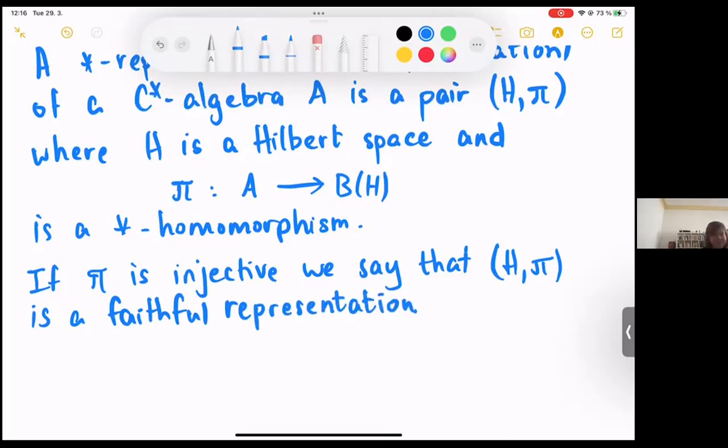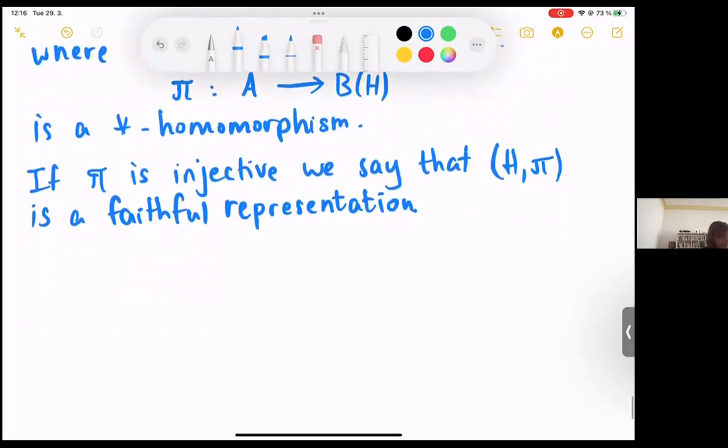So then the observation is that if A admits a faithful representation, then it's star isomorphic to a concrete C-star algebra.